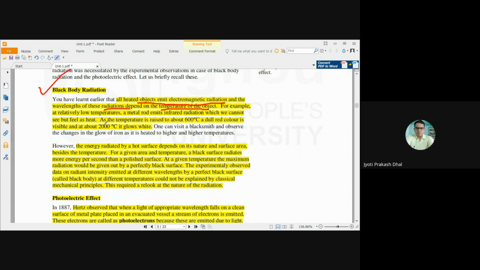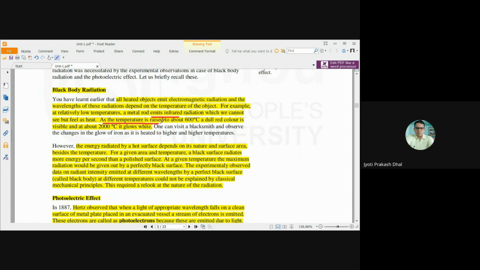For example, at relatively low temperatures, a metal rod emits infrared radiation which we cannot see but feel as heat. Again, when we heat a metal rod, it emits infrared radiation which we cannot see, we can only feel the heat.